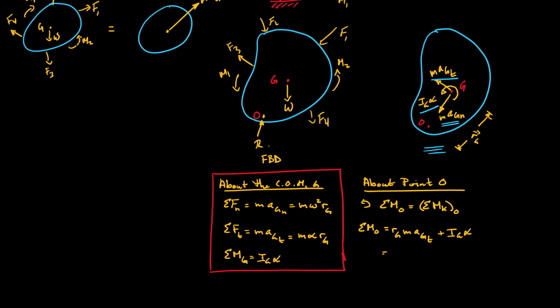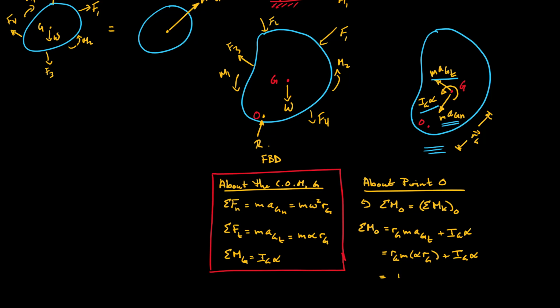All right. Now recall that we know the form of AGT. AGT, the tangential acceleration, is just alpha multiplied by rg. So we write this out, and then we're going to factor out the alpha.